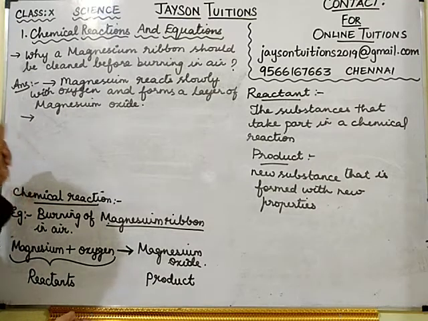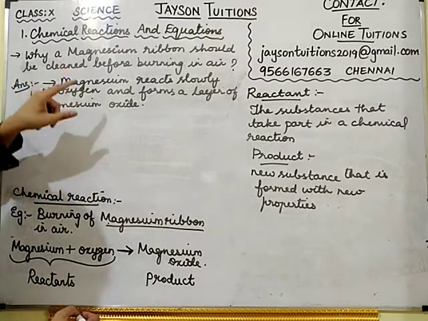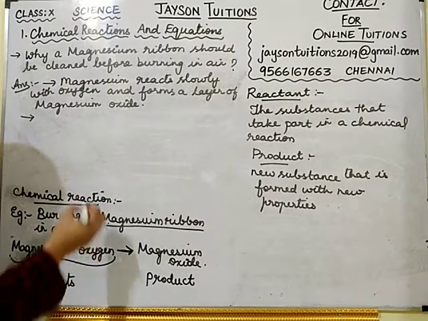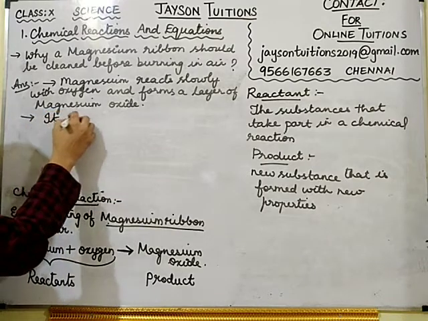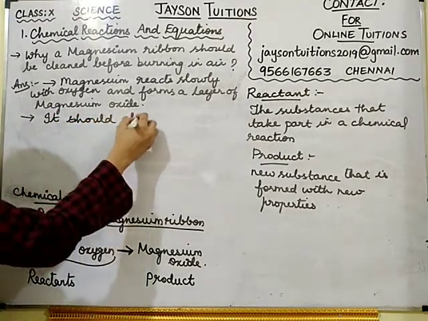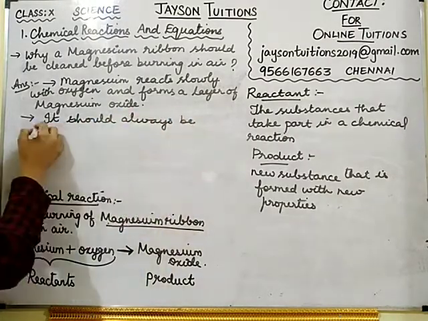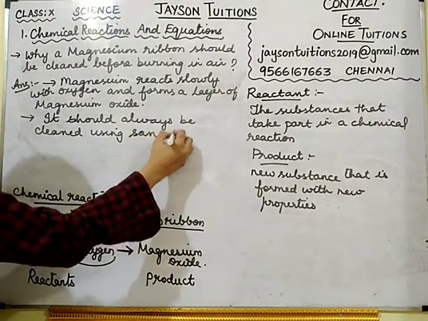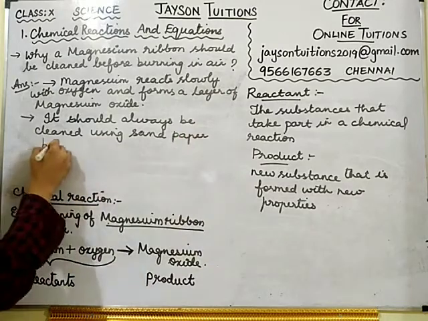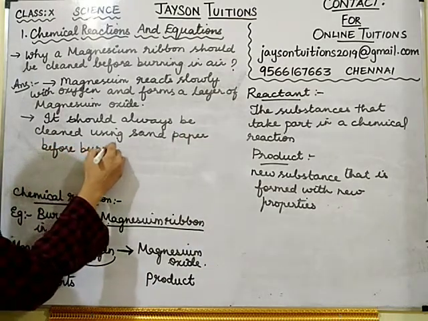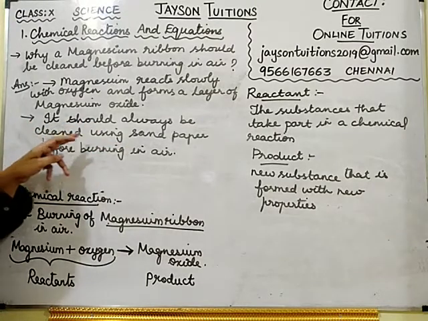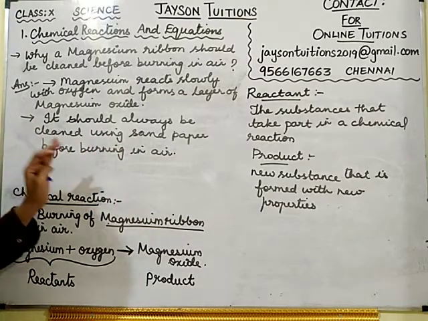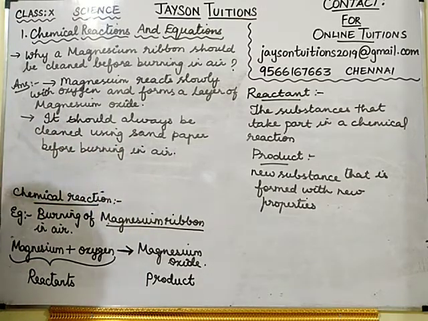You must always clean this layer with the help of sandpaper before you burn the magnesium ribbon in air. So it should always be cleaned using sandpaper before burning in air. This is why you should always clean the magnesium ribbon before burning in air.